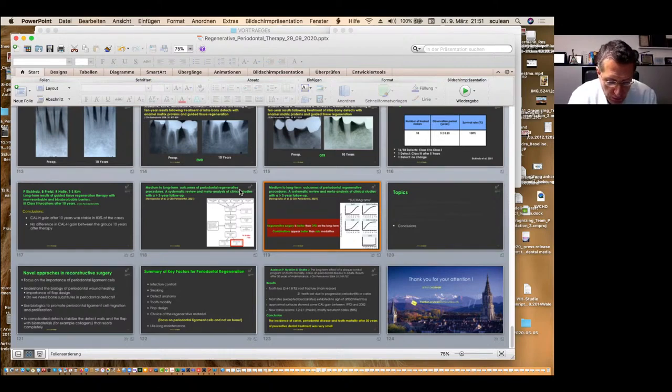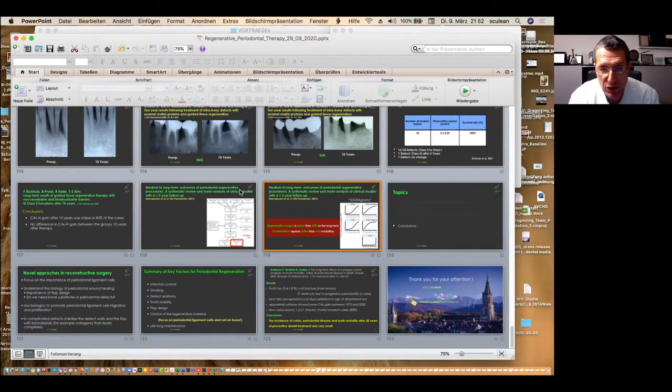If you have a non-vital tooth and you are sure that the tooth is non-vital, first step is to perform a proper endodontic treatment and wait. Sometimes it may happen that the tooth is vital, but the defect is so deep that during the surgery you go until the apex. So in such a case, I would recommend that you do immediately, maybe even during the surgery, an endo treatment.